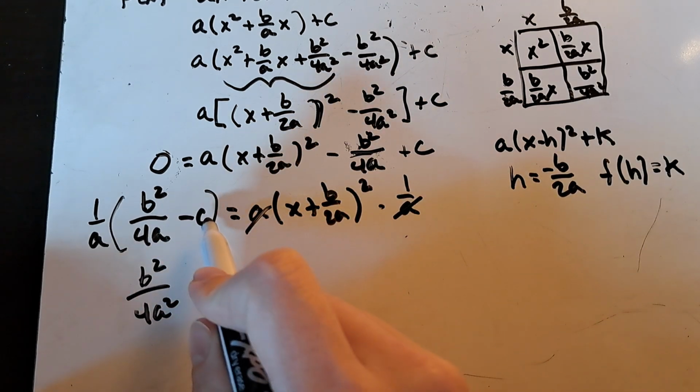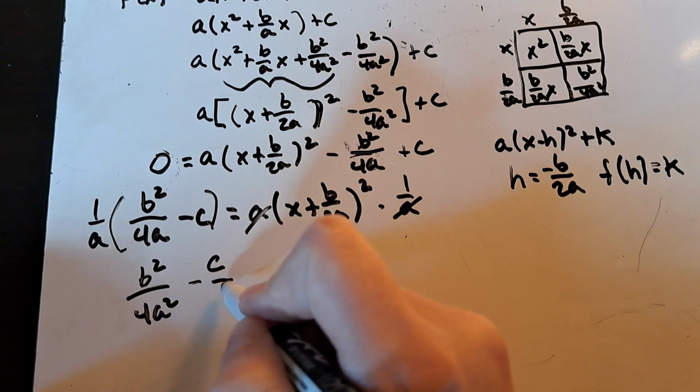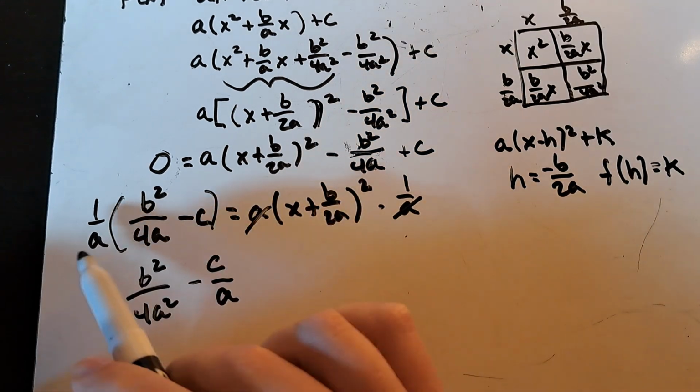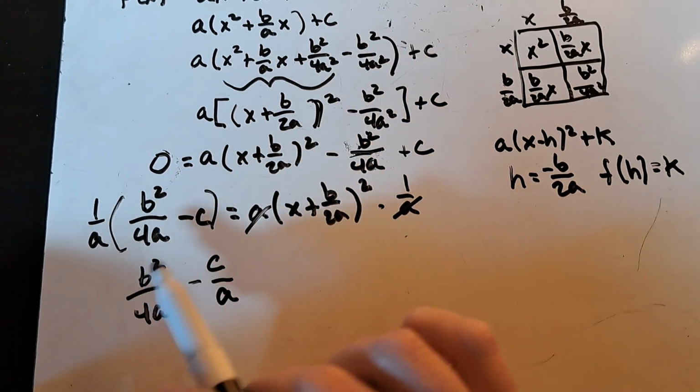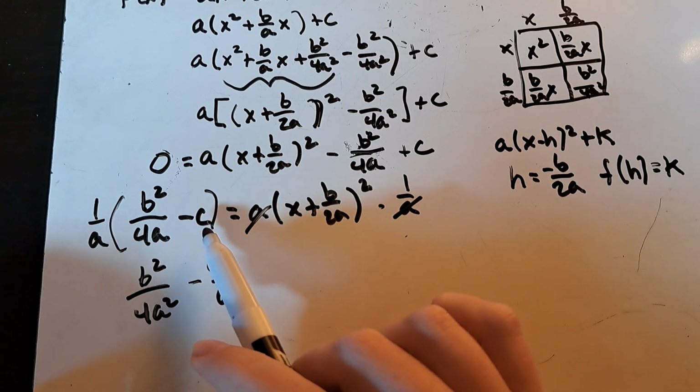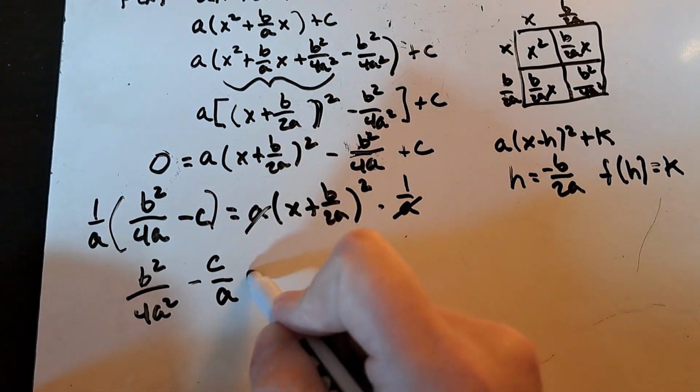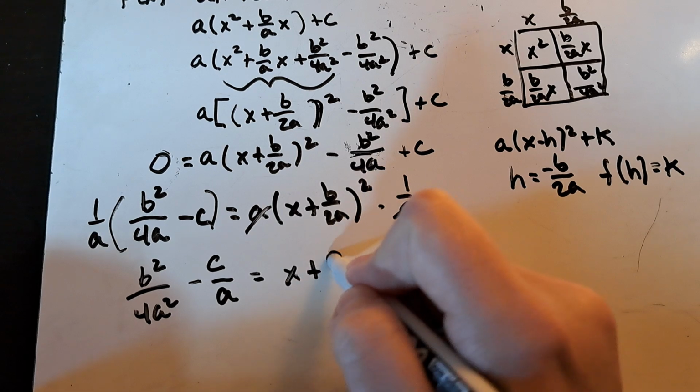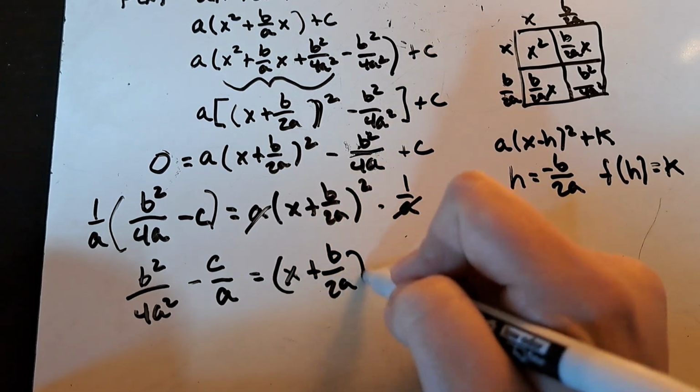And then 1 over a times negative c is basically minus c over a. So it was good for me to multiply by that 1 over a before trying to find a common denominator here. And then I have x plus b over 2a squared.